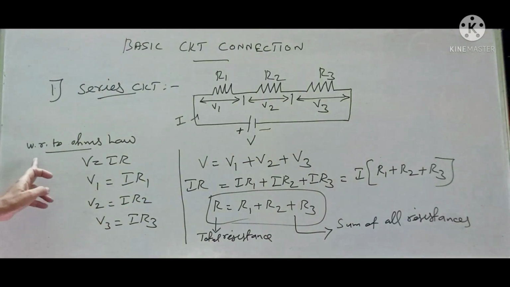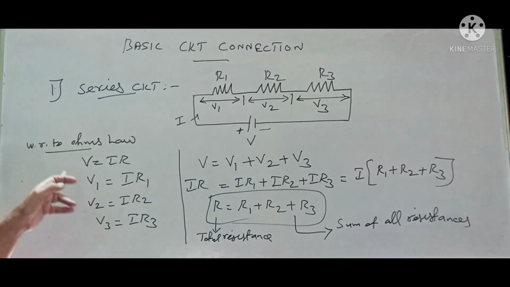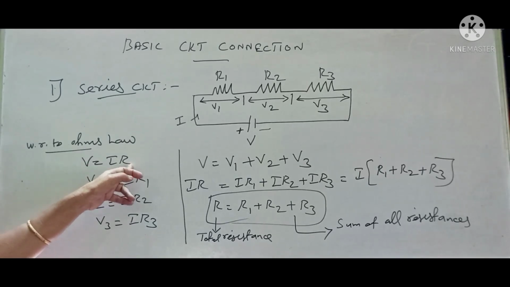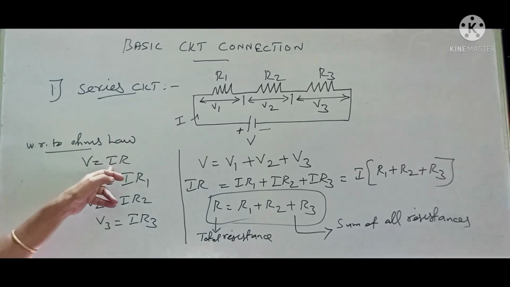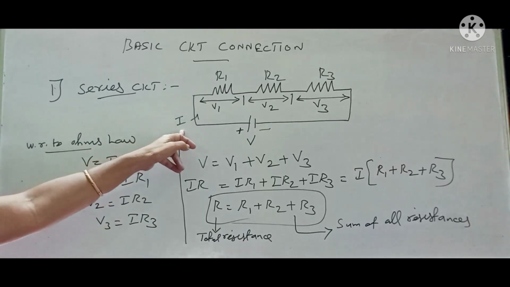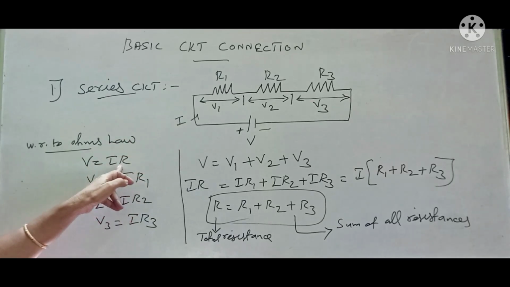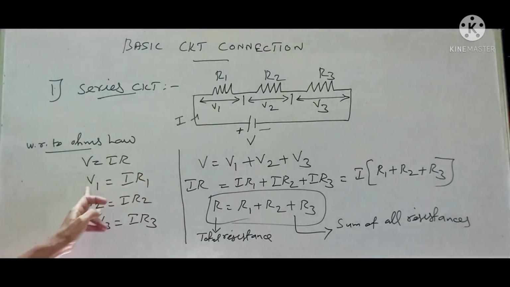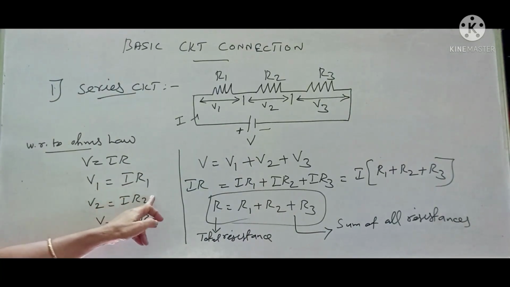According to Ohm's law, the voltage equals I into R. The voltage is directly proportional to the current I flowing with respect to the resistance R. V1 equals I into R1.